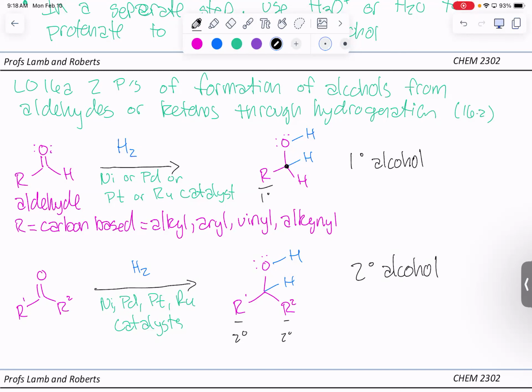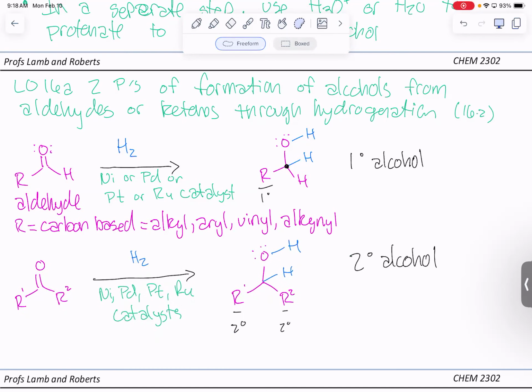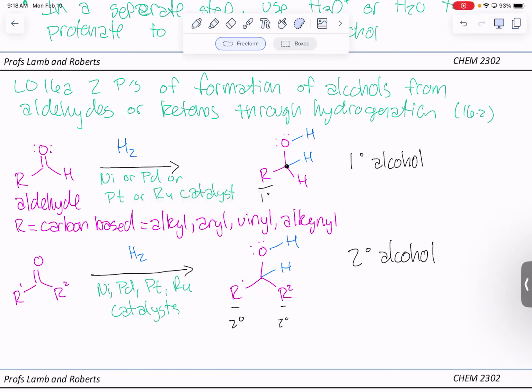All right, so something that we need to be a little bit careful with, this is why we needed those 2301 review topics. I'm just going to move that up a little so I can add a bullet point. When using H2, we need to worry about other functional groups. You learned H2 can be used to hydrogenate an alkene.